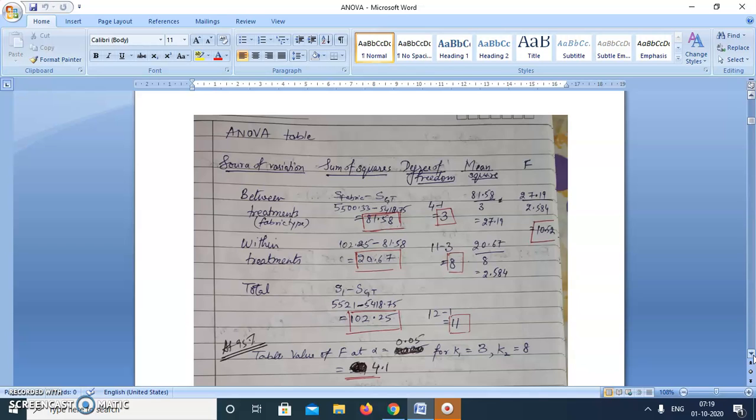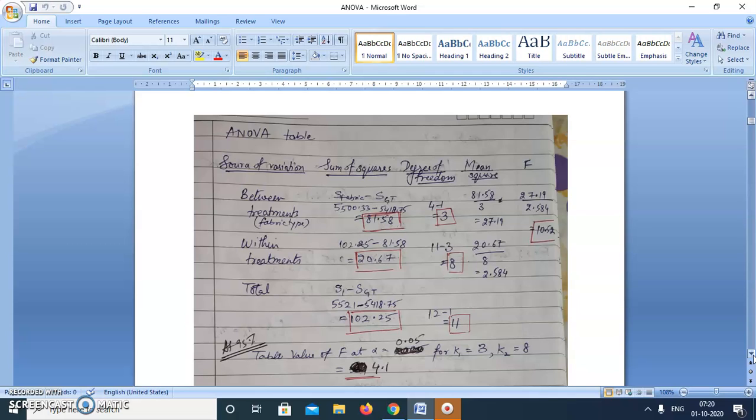But the basic thing which we need to understand here is, we are given 4 populations and we are studying the variation within the data and variation between the data. If the variation between the groups is higher than the variation within the groups, then only we can say the data are coming from different populations.